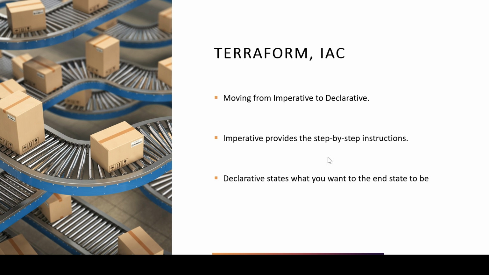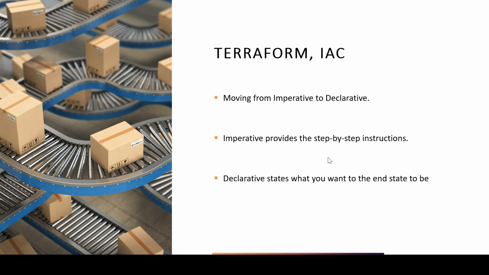Now, what is Terraform? If you are familiar with Terraform, then you know that you can declare your infrastructure in a declarative way. So we are moving from the imperative way to the declarative way. Basically, you write your code in a declarative mode, and then you set your desired state. Imperative provides step-by-step instructions, but declarative is basically what you want your end state to be, right?